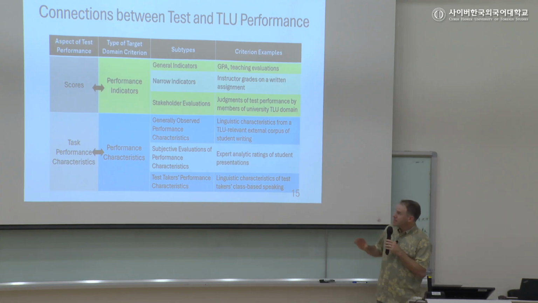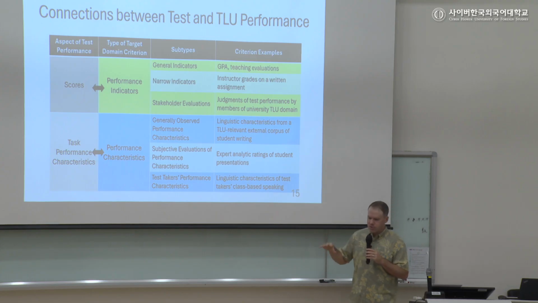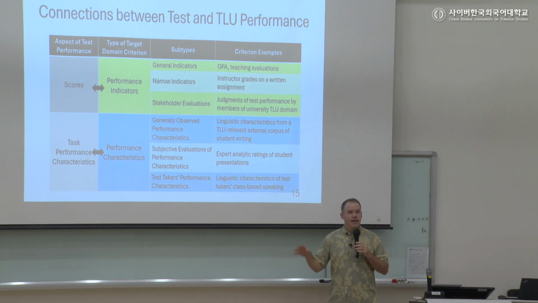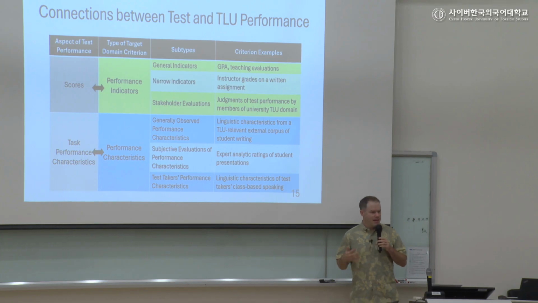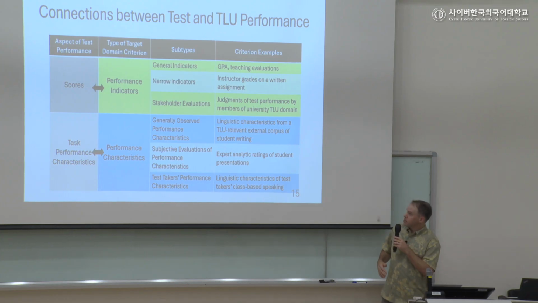I feel like this one is on a little bit shaky footing. It doesn't actually look at how test takers do in the real world, but it draws on people from the target domain evaluating the test performances, trying to decide, would this person be somebody I could understand in the workplace? Do I think this person would be effective at their job? That sort of thing.